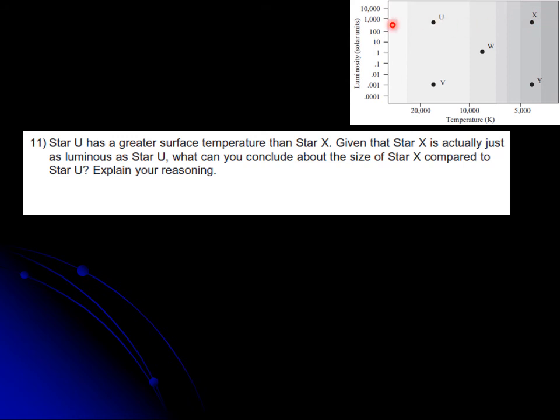Well, being equally luminous means that they are putting out the same amount of energy per unit time, the same power. And since this one is putting out extremely energetic radiation, which is high temperature radiation, and this one is putting out low temperature radiation, this one would have to put out way more light, way more radiation than this one in order to have the same luminosity. So this says that X has to be much larger.